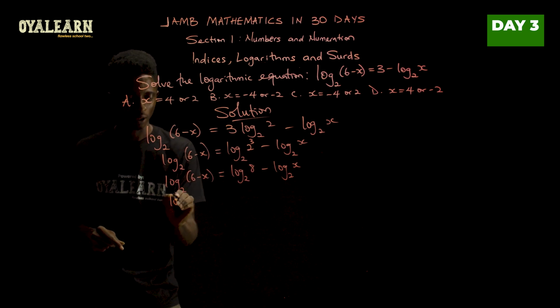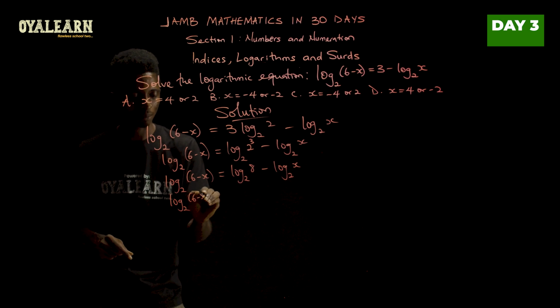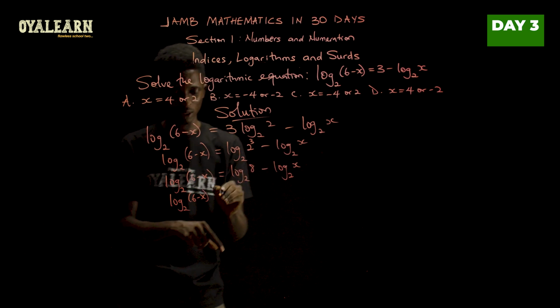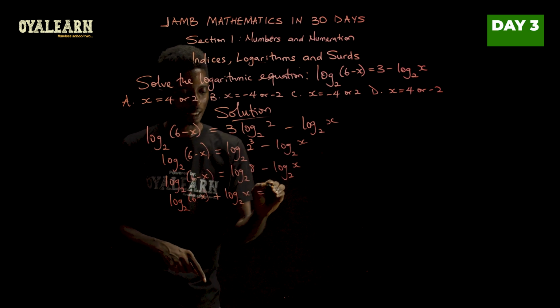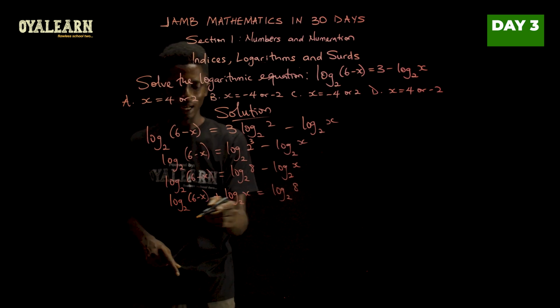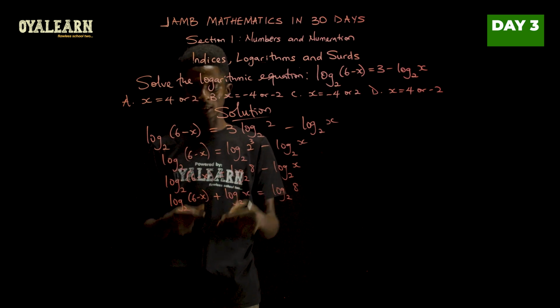So we would have log base 2 of (6 minus x). Now when minus log base 2 of x comes here, it becomes plus log base 2 of x equals log base 2 of 8. Now similar base, so what we do is we find the product of this.